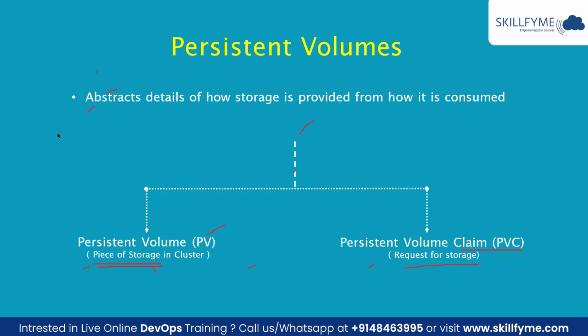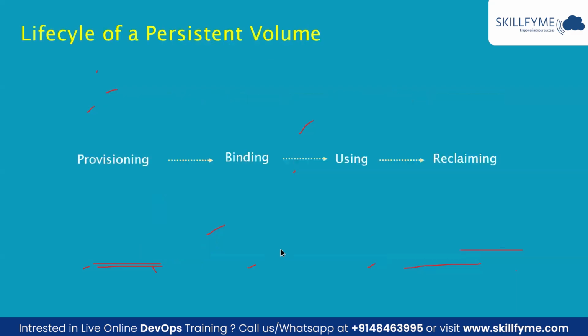All right. So when it comes to the persistent volume, how is this persistent volume procured? That will be decided by this life cycle. The very first step is the provisioning. Once provisioning is done, it will be bound to your cluster, and any pod that runs using this volume just consumes the volume. At one point of time, if the volume is not sufficient, they can dynamically request more volume.